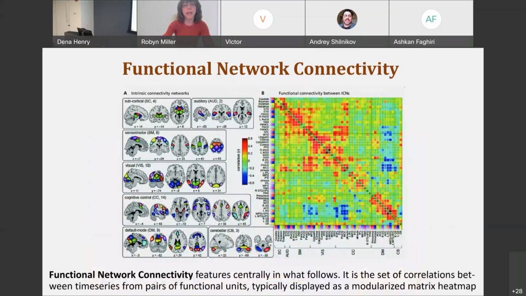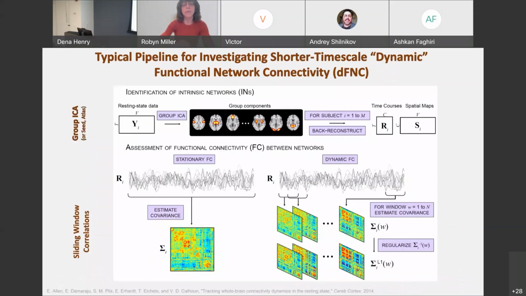And then eventually, we started trying to capture some of the variations in this measure of connectivity, which is correlation based.